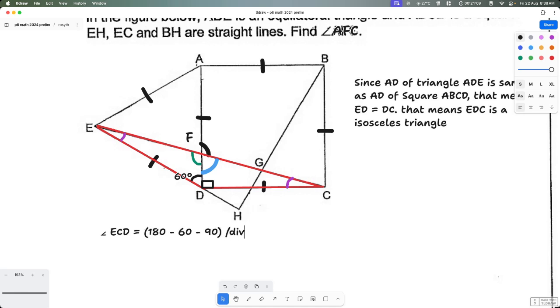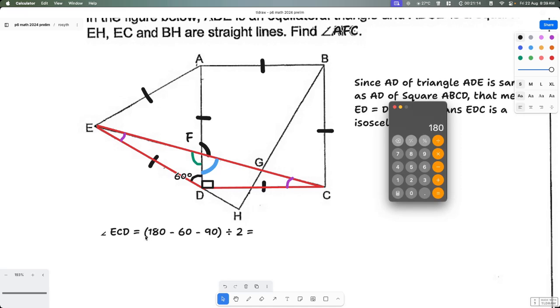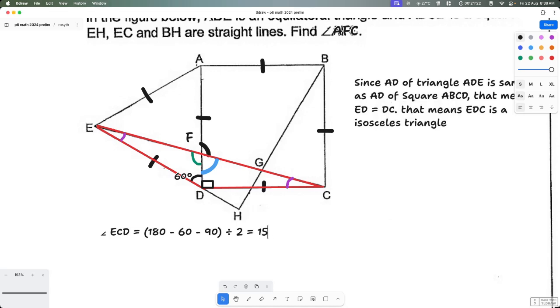Let's use the calculator. 180 minus 60 minus 90 is 30, and then divided by 2, this is 15 degrees. So this is 15 degrees in this part, and 15 degrees in this part as well. Now we know this.